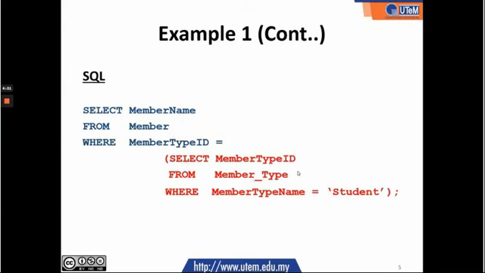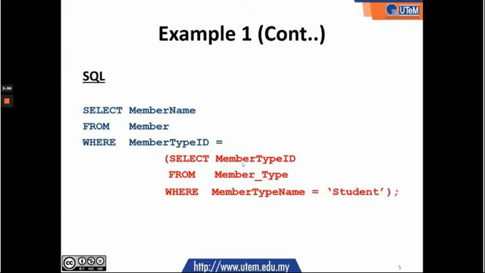This inner query must have open and close parentheses. This inner query for this situation will produce one value, which is number 2. This value is accepted by this comparison operator equal. This comparison operator can accept one input value only from the inner query.